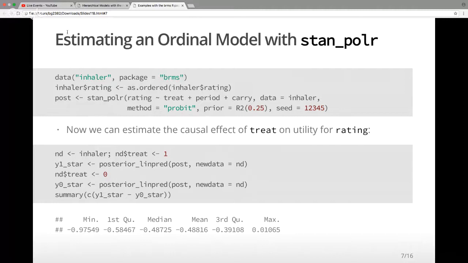But basically, in the social sciences, you can't get too low for an ordinal model. It is usually the case that whatever your predictors are, they're not going to explain very much of the variation in people's preferences.